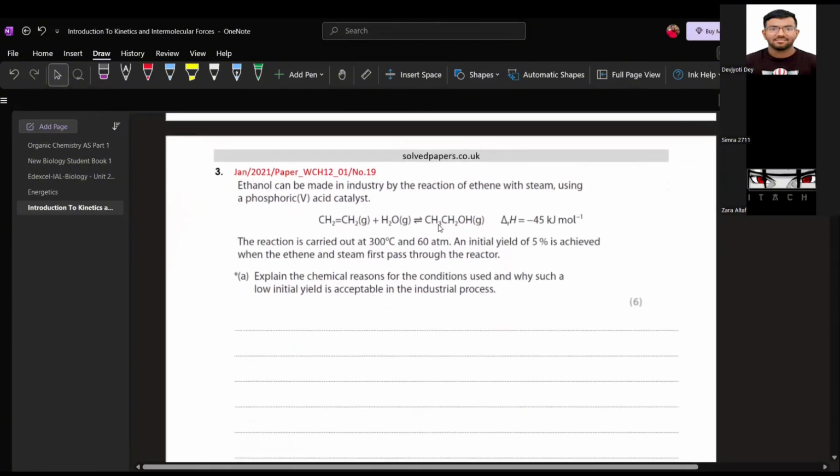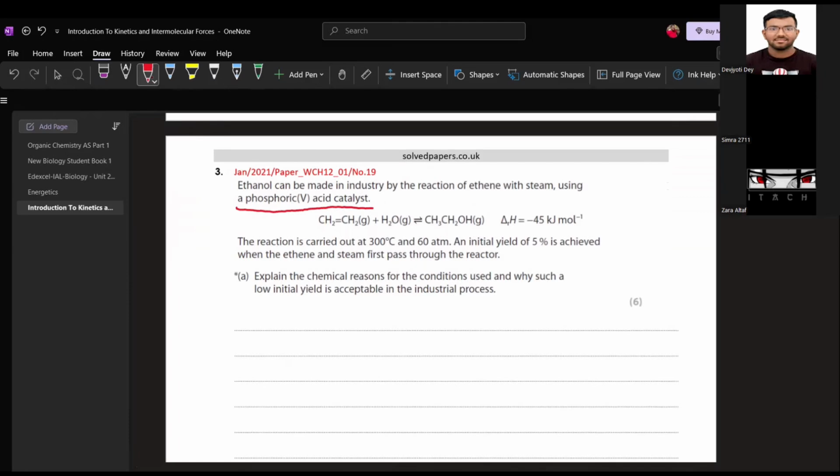Is that right? Because I feel like it doesn't fit, since we are trying to achieve the yield of ethanol. Okay, fine. Let's try to understand the question. Ethanol can be made in industry by the reaction of ethene with steam, using a phosphoric acid catalyst. Our first point here is also important, which is that we are using a catalyst.